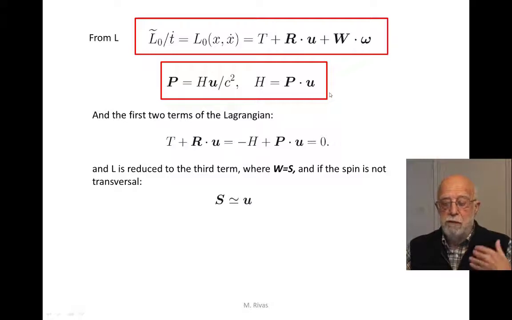Well, if the spin is not transversal, as we saw before, we can see here that the formalism forbids the existence of massless point particles without rotation. Because if we have spinless particles moving in a straight line, this will mean that W is 0, there is no Lagrangian, so there is no mechanical system. For L to be different from 0, necessarily the particle has to have spin.